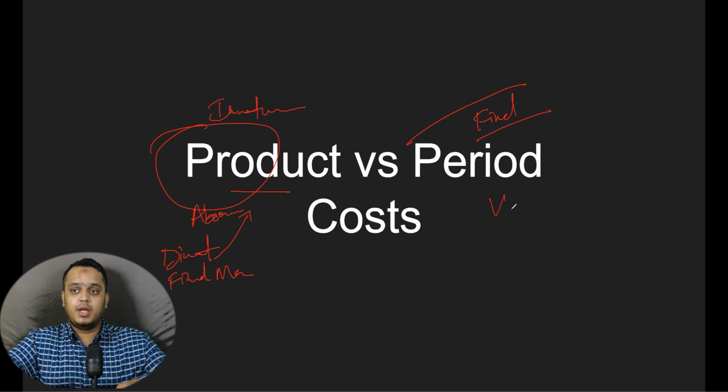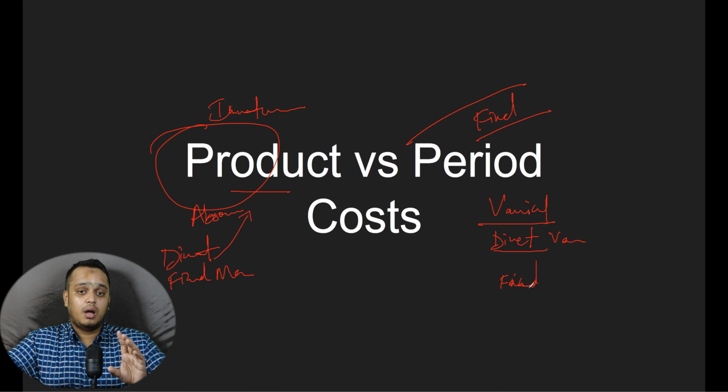Whereas under variable costing, marginal costing, whatever you call it, direct cost directly attributable to the product will be taken. Variable direct manufacturing cost will be there. But fixed manufacturing cost will not be coming under the variable costing method where you record the product cost. This will come towards the period cost.